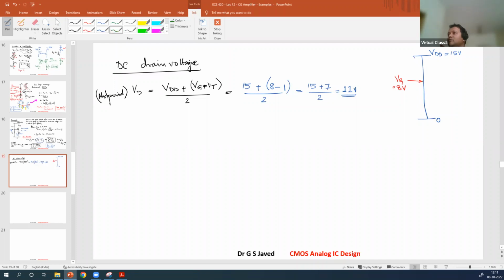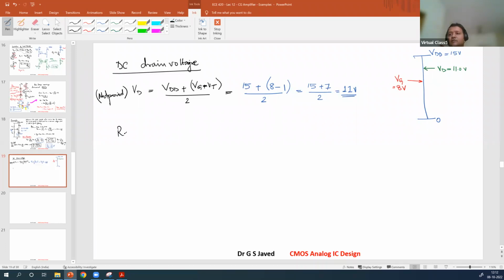VD came between these two, 8 minus VT and 15. If you see, between these two limits, correctly midway. That is what we did, right? 15 is this value. 8 minus VT is VG, this value. Here VD. This is 11 volt.